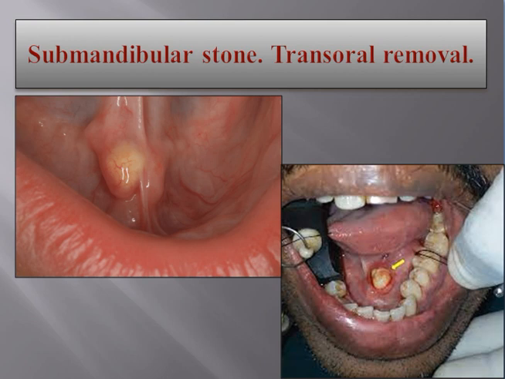Factors that are believed to affect salivary stone formation are divided into two major groups: anatomical, affecting saliva flow, such as duct stenosis or inflammation, and compositional, such as increased calcium content or altered enzyme function.